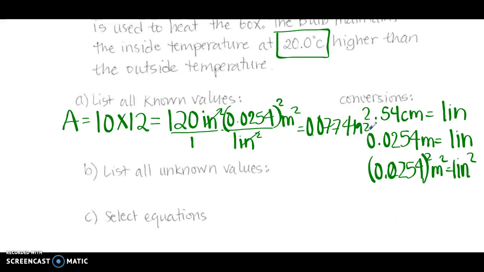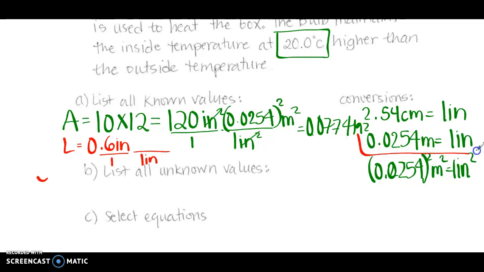Okay, we also know L, which is the thickness of the insulative material. Make sure you have your equations out so you know what all these variables represent. This needs to be in meters, and we know that the thickness of the material is 0.6 inches. So in order to convert that into meters, we're going to have 1 inch in the denominator.